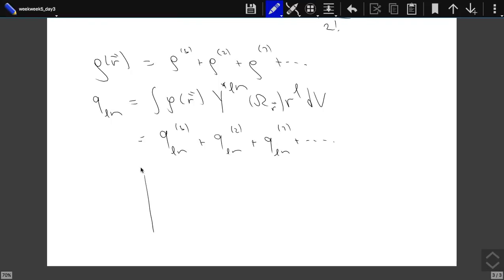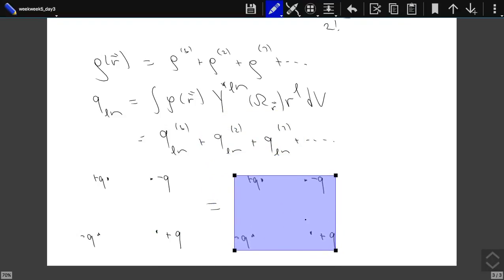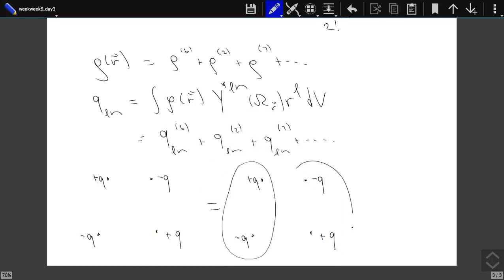For example, in this configuration, what is the dipole moment? If you want to calculate the dipole moment by breaking it up, you can just group them like this. Calculate the dipole moment of each one, sum them up. So you see that each one has the same dipole moment, but they are pointing in opposite directions, so the sum is 0. So that's why we can straight away say that the dipole moment is 0.